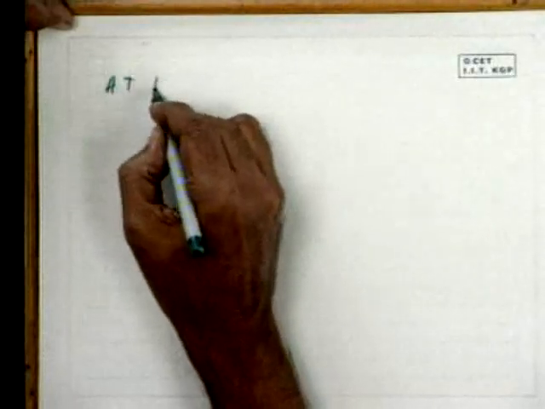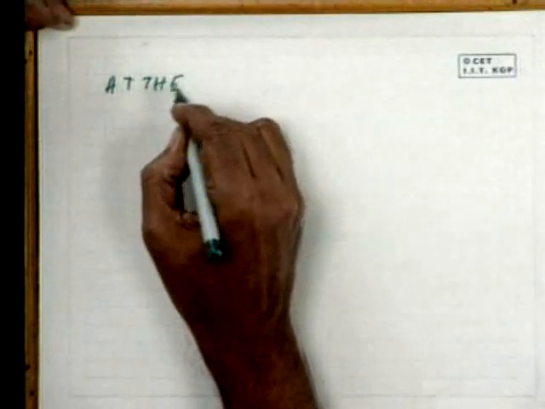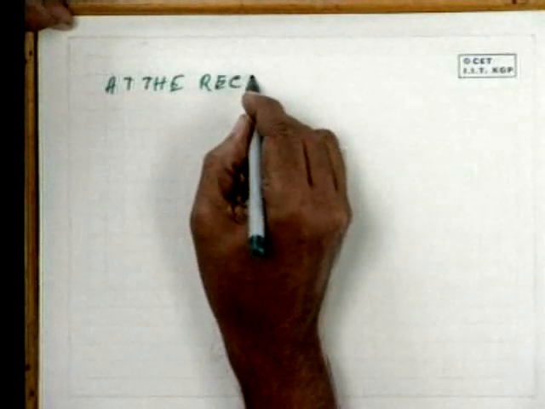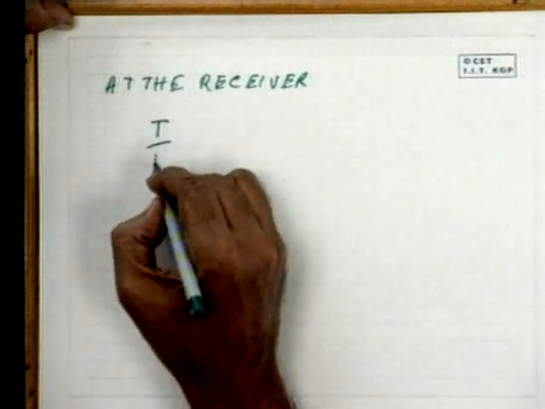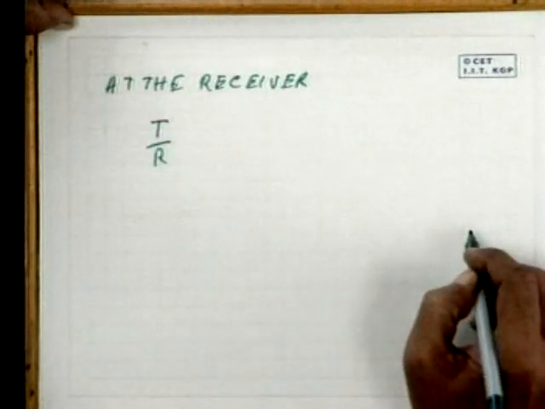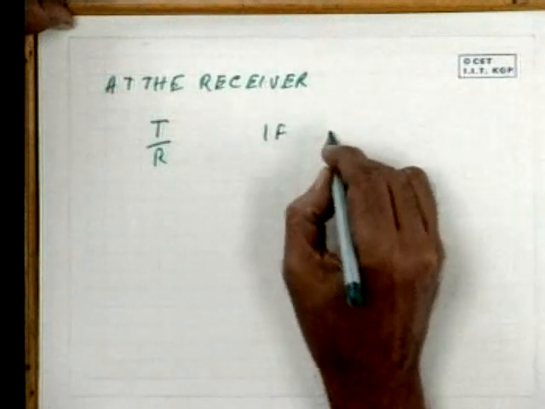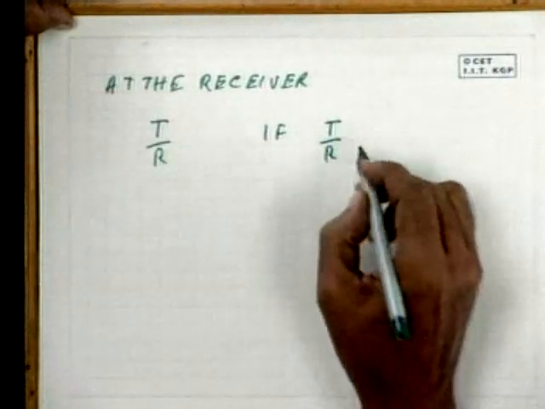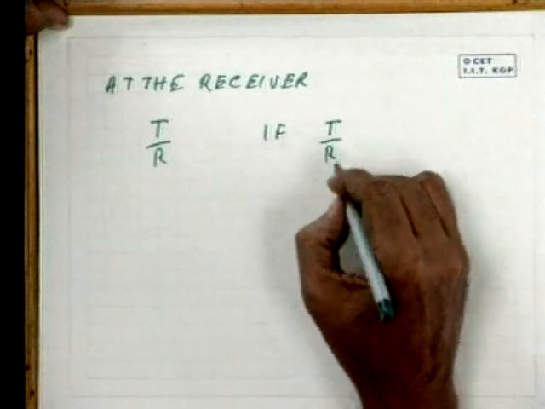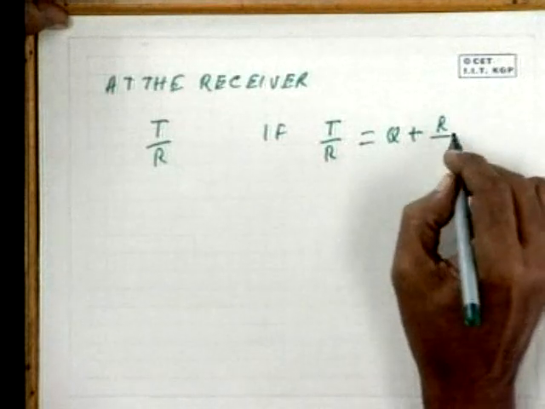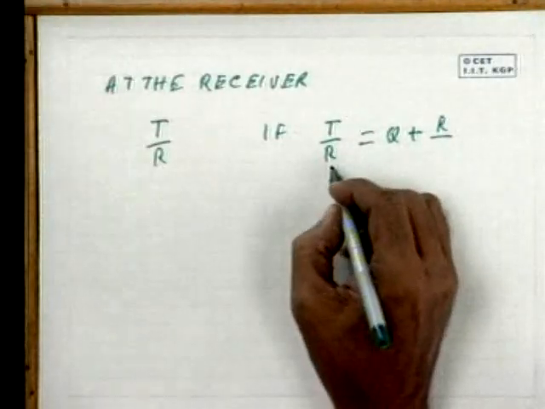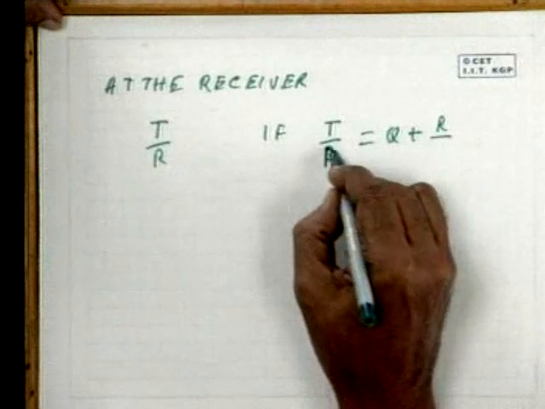So at the receiver, you perform t by p, and after dividing t by p, you get q plus r by p, and that p is the fixed sequence.